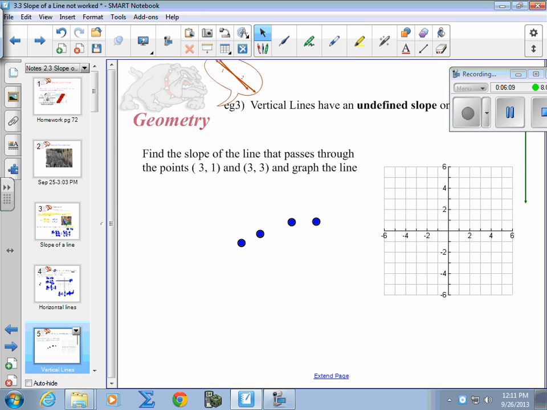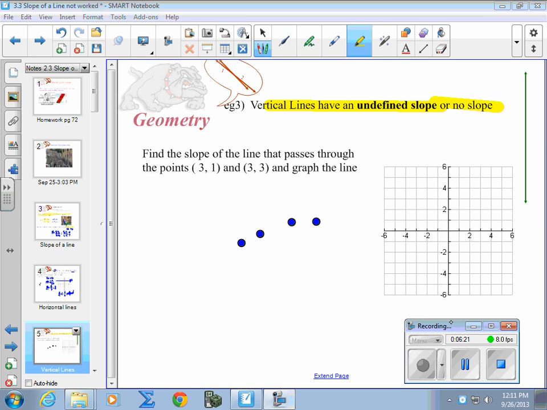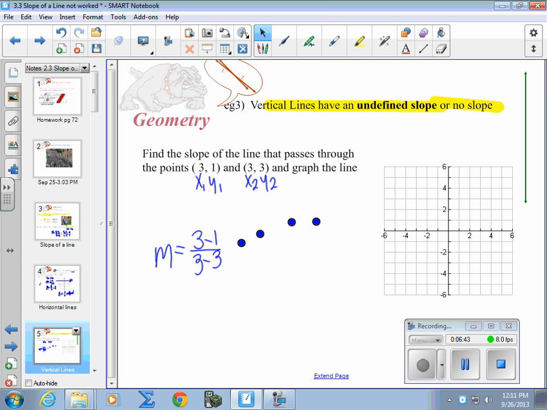Next, we have vertical lines. Vertical lines have undefined slopes or no slope. Once again, if you label your points, x sub 1, y sub 1, x sub 2, y sub 2, start it over again, get m is equal to 3 minus 1 over 3 minus 3. 3 minus 3, you get 0.